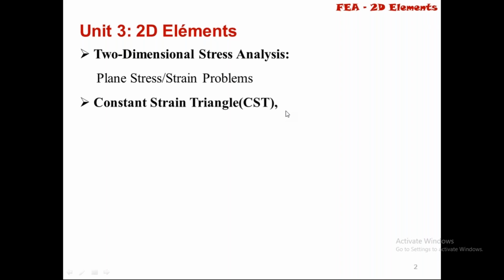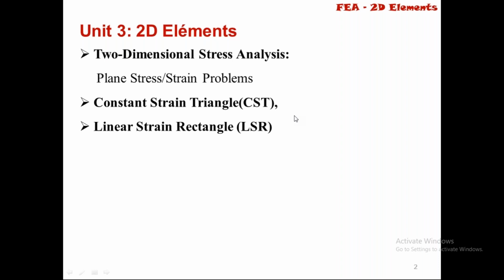Next, in this unit we mainly focus on the CST element, that is constant strain triangular element, and the second element, that is LSR, linear strain rectangle element. In unit number 2, ma'am covered bar element.